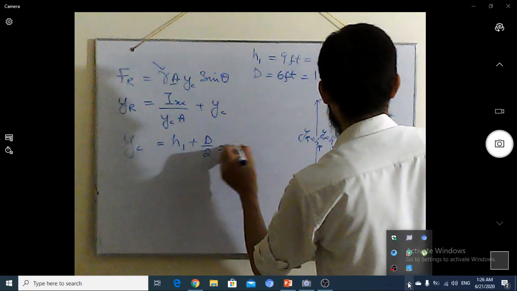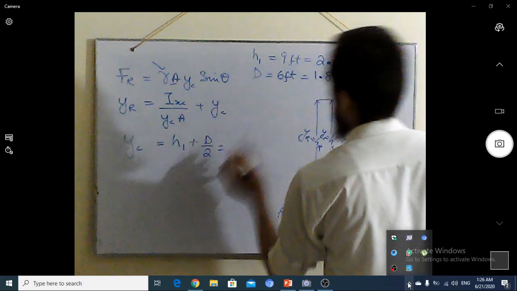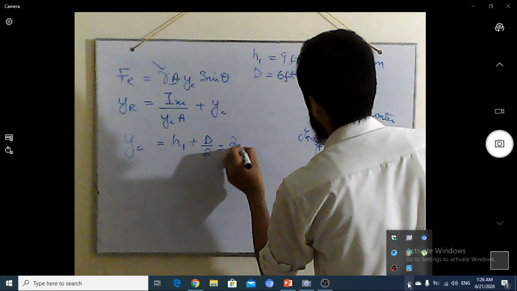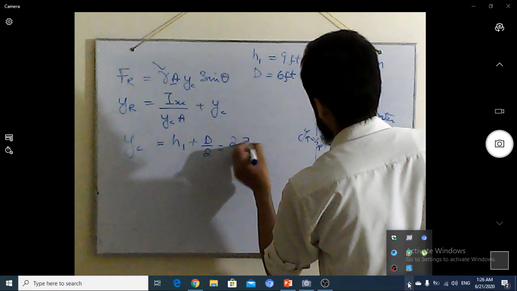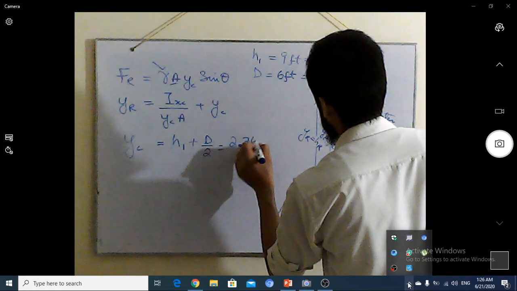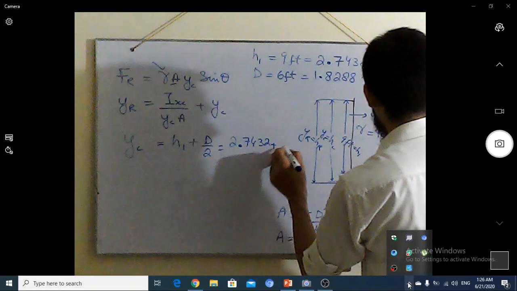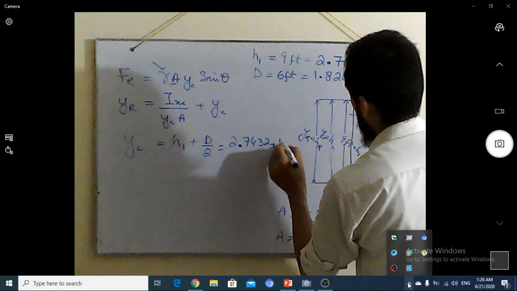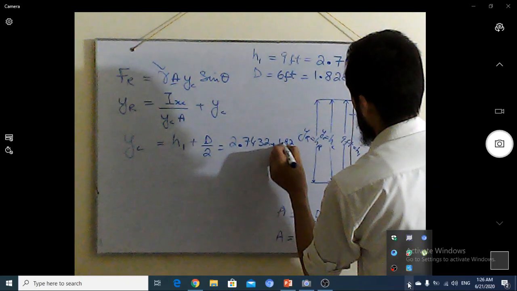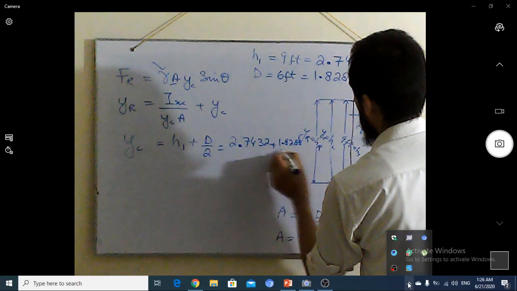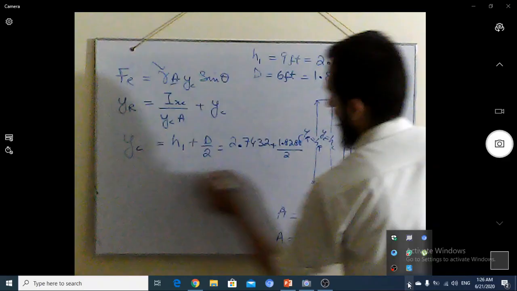If 9 feet is converted into meters, it has a value of 2.7432 plus diameter, 1.8288 divided by 2.